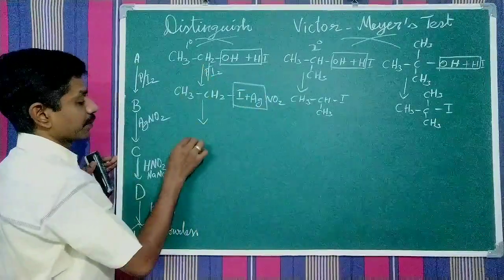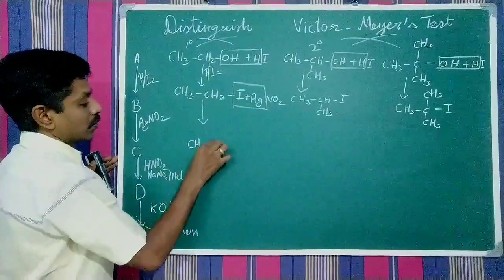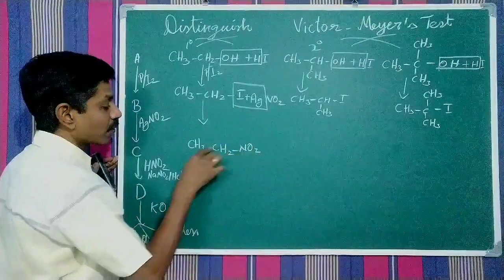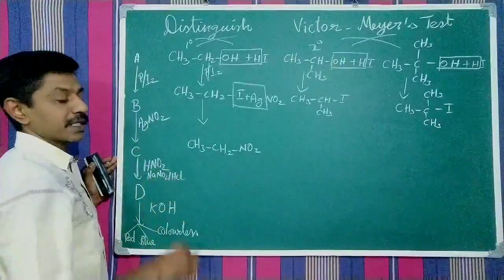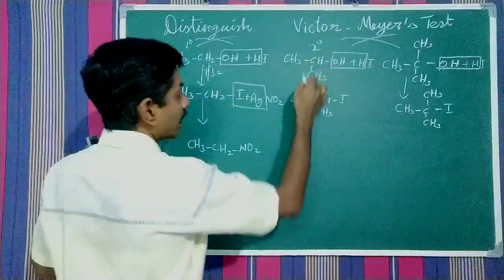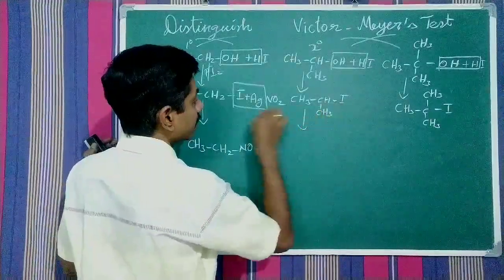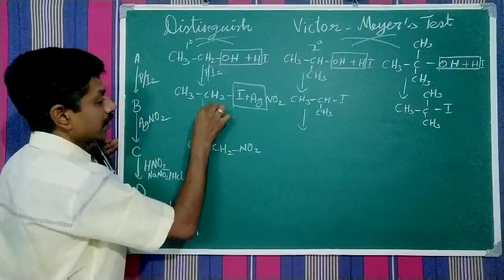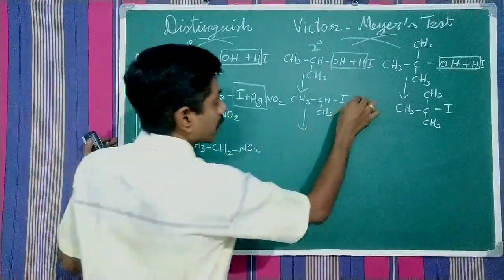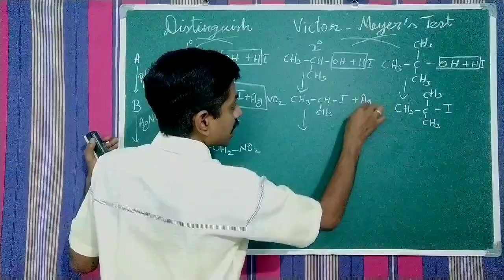NO2 group will get added. So the next compound formed is going to be nitroethane, 2 carbon atom, single bond, ethane. That is going to be the C compound. And here again the same reactivity, we are treating with silver nitrite, AgNO2, second step, and the same process.